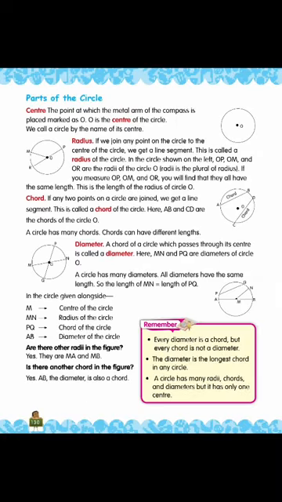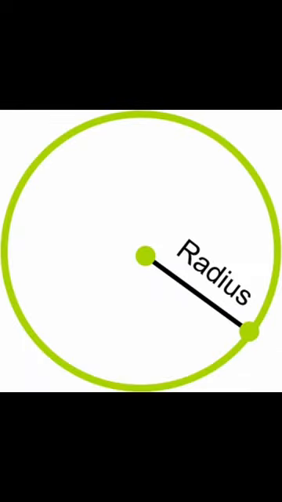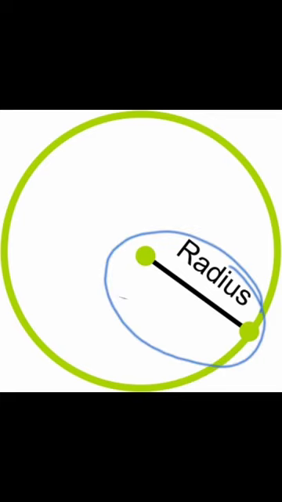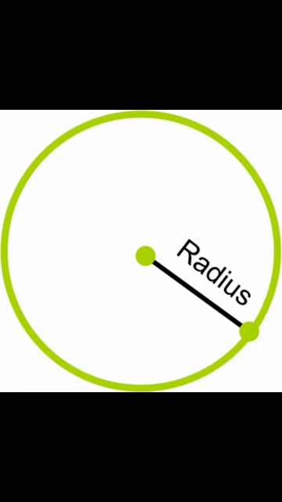Now, our second part of the circle is radius. What is radius? If we join any point on the circle to the center of the circle, we get a line segment. This line segment is called the radius of the circle.